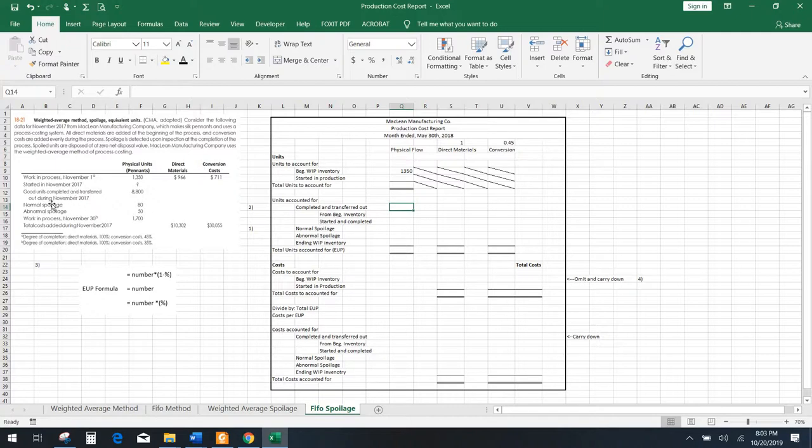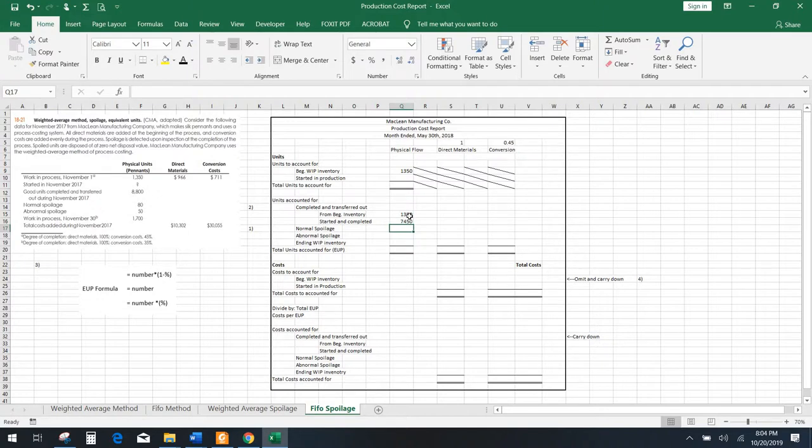Good units completed and transferred out is 8,800, but we need to know how many were from the beginning inventory and how many were started and completed. Well, we know our beginning inventory is 1350, so that means this has to equal 8,800 minus this.